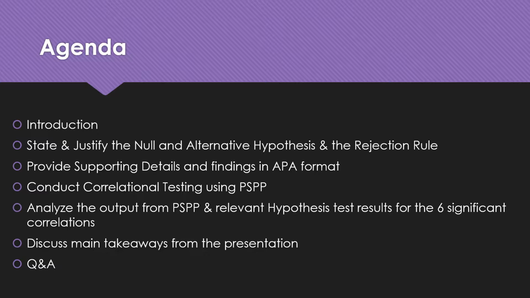So for our agenda for this PowerPoint, first we'll talk on our introduction, then we'll move on into stating and justifying the null and alternative hypothesis and the rejection rule.